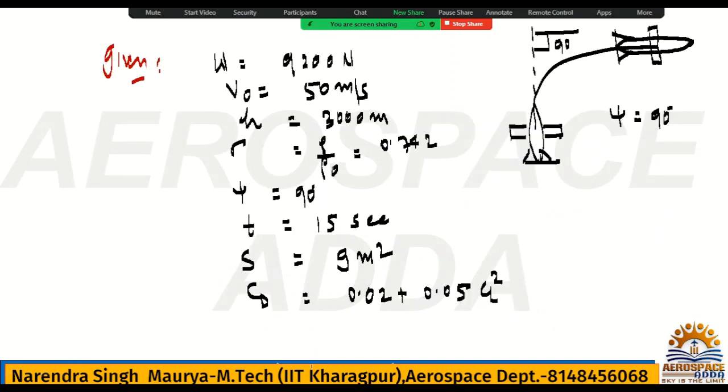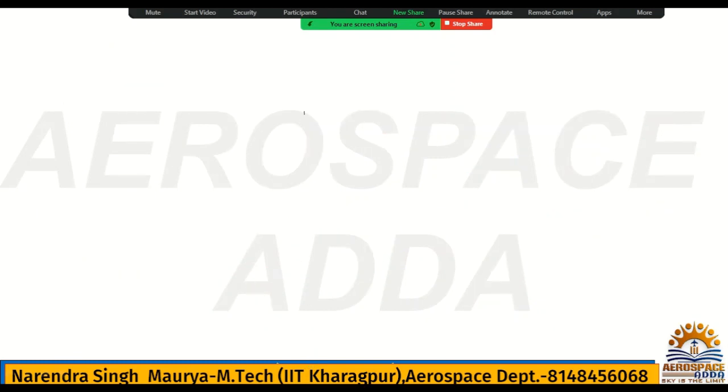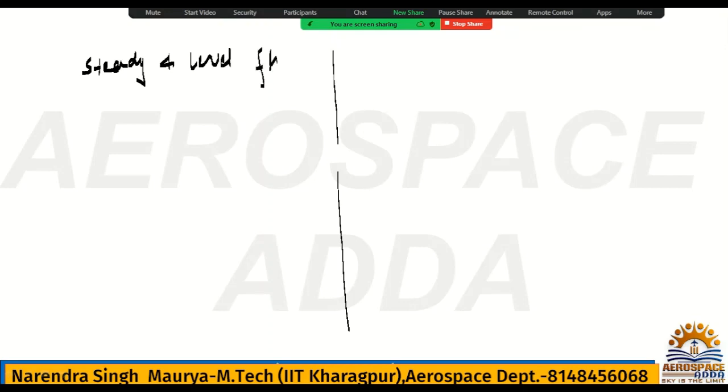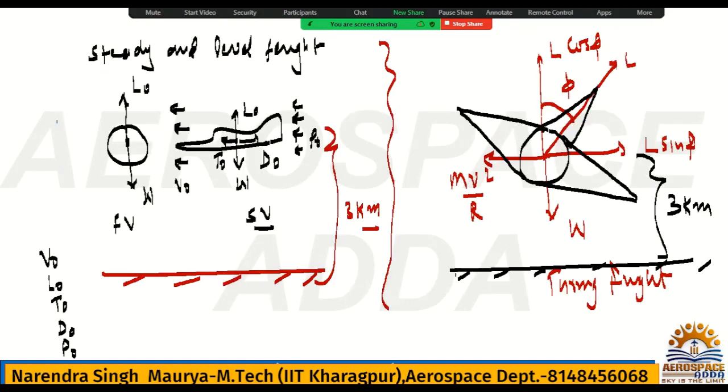So you do one thing, you just find two things: steady and level flight, okay, steady and level flight. Whatever the value they have given to us for the steady level flight, if we know that value, and if we know the load factor, we can use this formula.